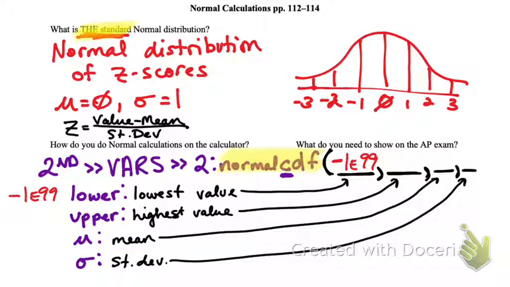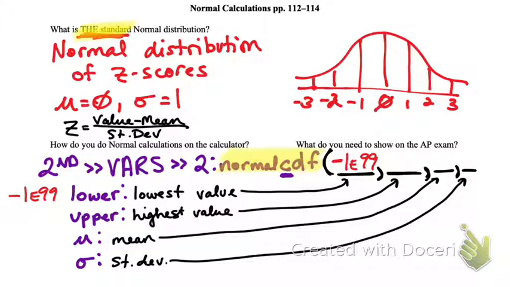So -1 second comma 99. Why is it -1 E99? So it would be -1 with 99 zeros next to it. So that would be like -1,000,000 trillion.